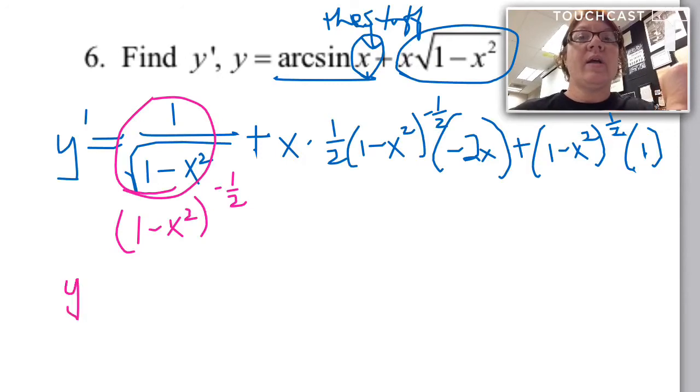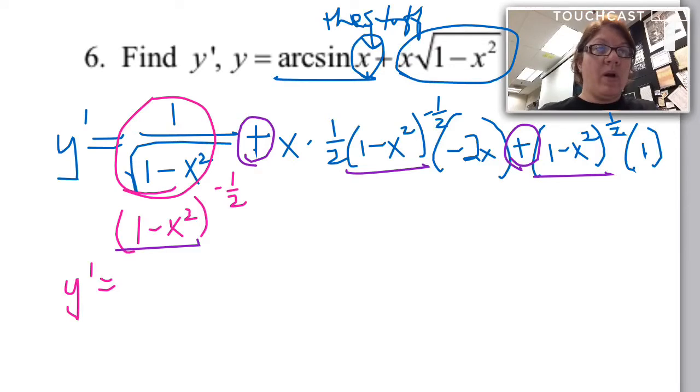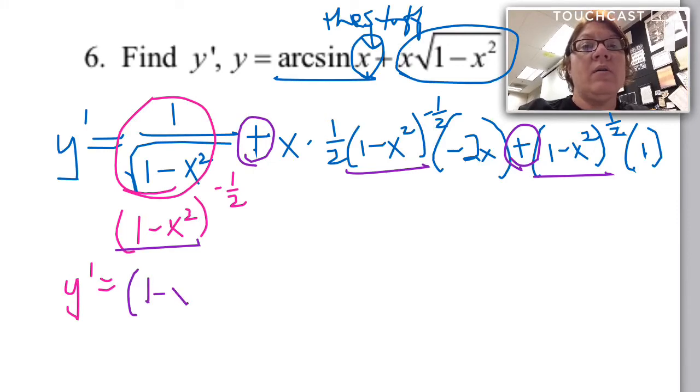So now as I look through, I notice that every single term, so I have 3 separate terms. This front term has that parentheses, this second term has that parentheses, and the third term has the parentheses. And remember, I'm always pulling out the lowest power of it, so I'd be pulling out the negative 1/2 power.